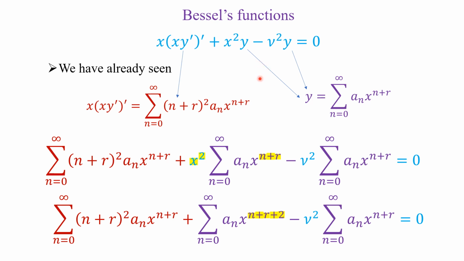Similarly, the solution y for this Bessel equation, that also we have seen, is y equal to summation over n equal to 0 to infinity a n x to the power n plus r. From this only we arrived at this one. Now you substitute these two in the first equation, that is the Bessel equation.